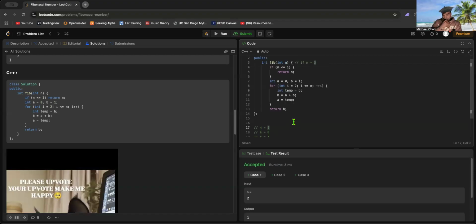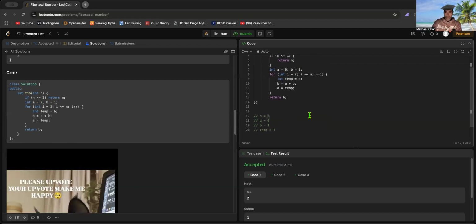And then next. And then a equals 1. Right. And then it's 1 plus, and then temp becomes 1, b becomes 2, a becomes 1, right?